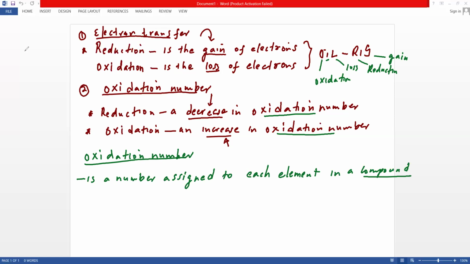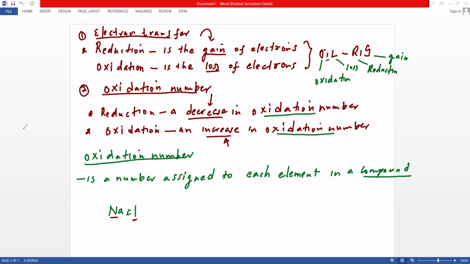For example, if we have sodium chloride, because we have two elements here, we can assign something called an oxidation number to each element. But you need to know the rules of assigning this oxidation number.